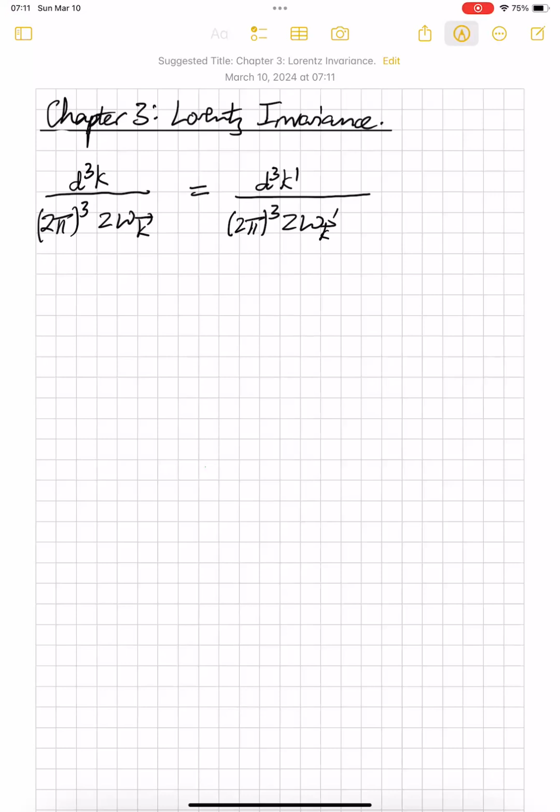I'm just going to give you a hint for a Lorentz transformation that corresponds to a boost along x. It would be great if you take this hint and turn it into a proof that this measure is invariant under any Lorentz transformation. And I think that you can do it. So try it. Try to do that exercise.